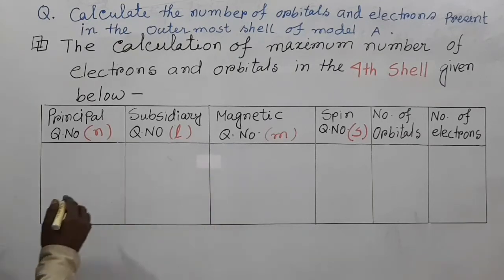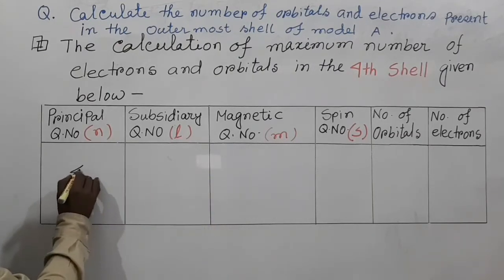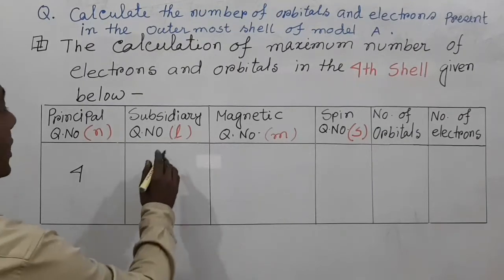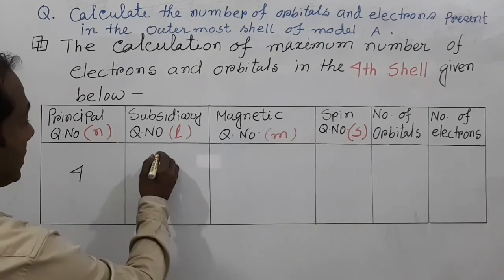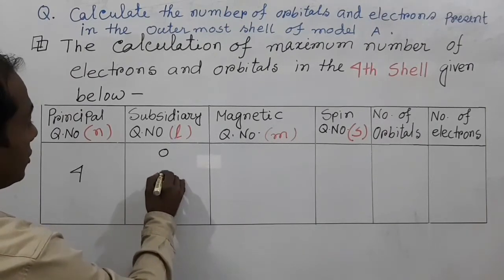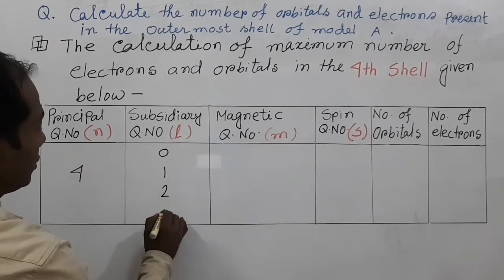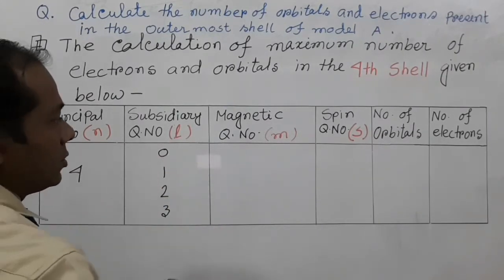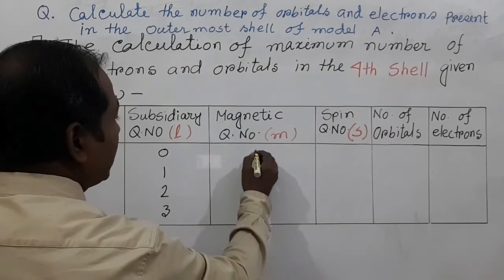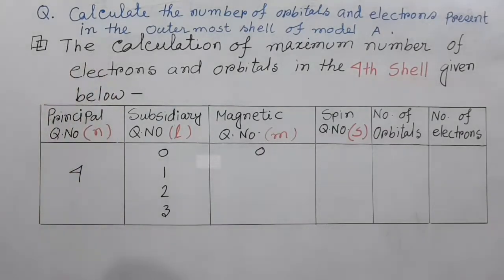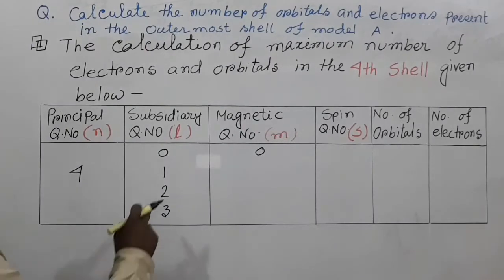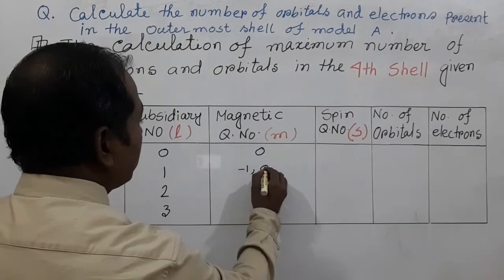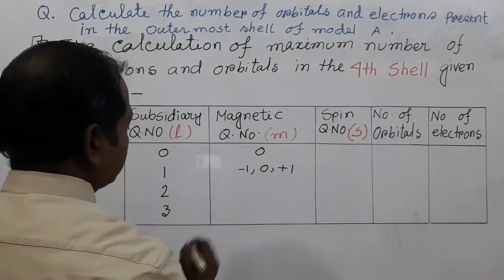For the fourth shell, the principal quantum number n equals 4. When n equals 4, the subsidiary quantum number L equals 0, 1, 2 and 3. When L equals 0, the magnetic quantum number M equals 0. When L equals 1, we get minus 1, 0, plus 1.